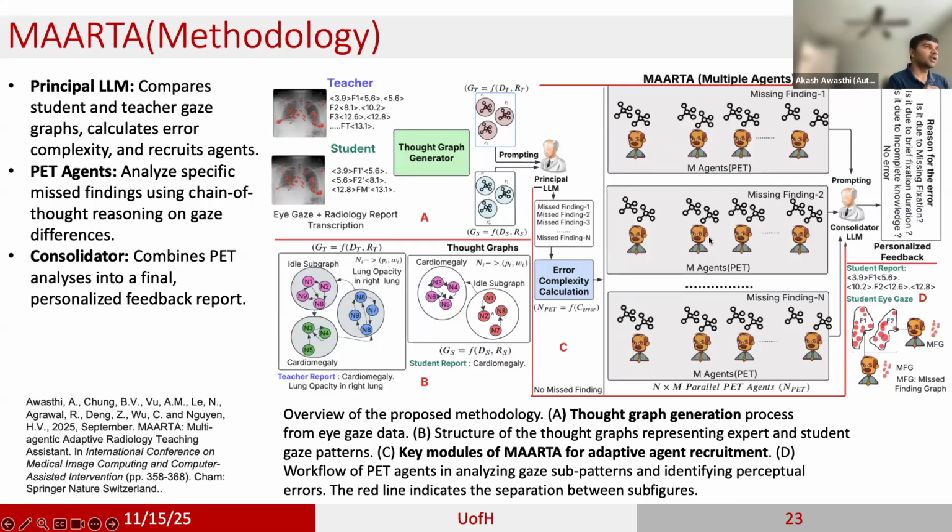Your second question was about whether we input the imaging data. We don't use images in any of those methodologies, SCoT and MAARTA. Most of them are based on the gaze and report.